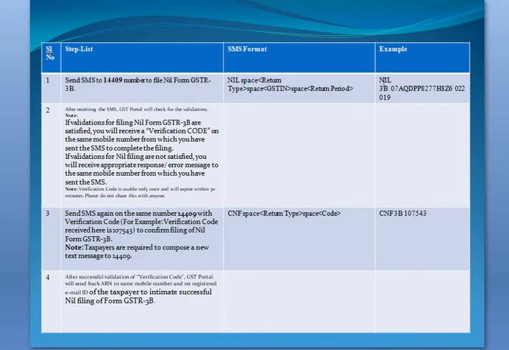You type in the SMS NIL, give space, then if you want to file 3B, you type 3B, then space, and then type your GSTIN number, whatever GSTIN you have, and then give space, and then the return period.